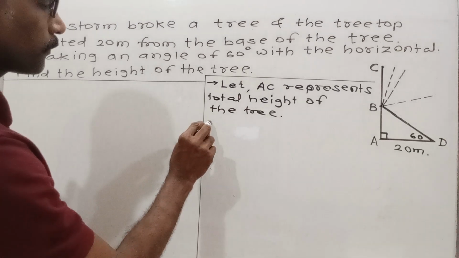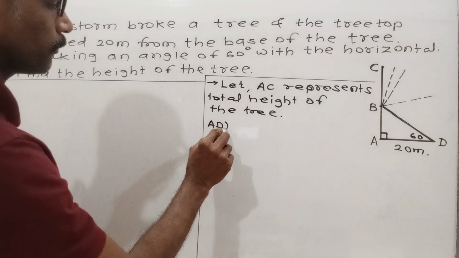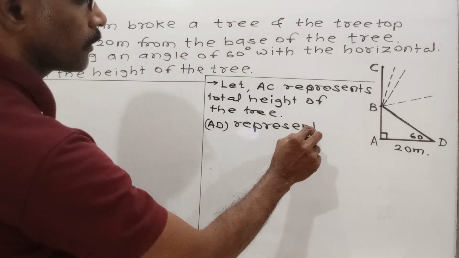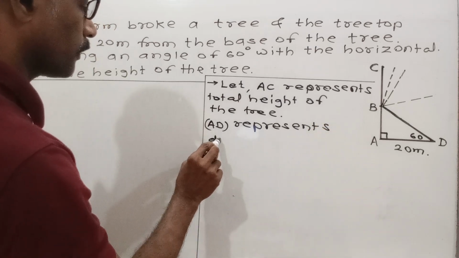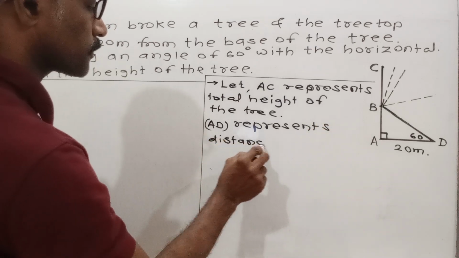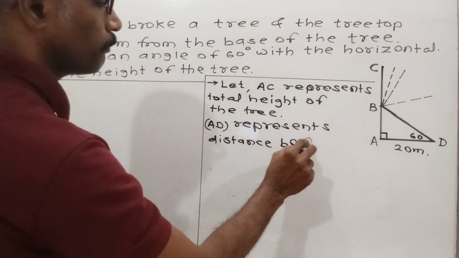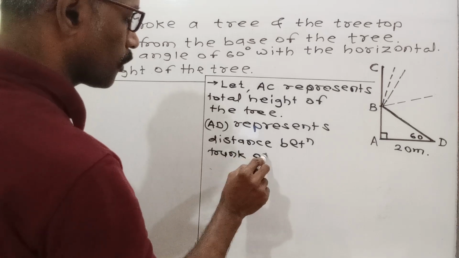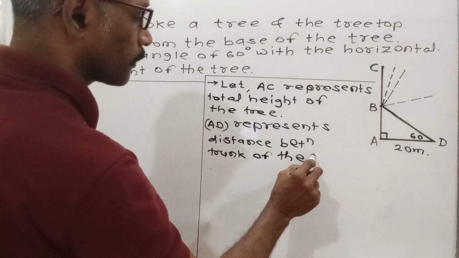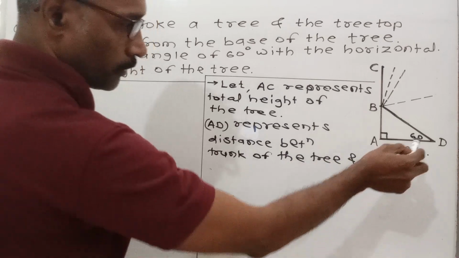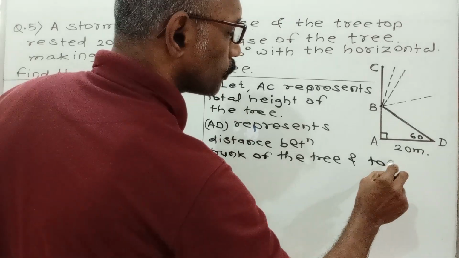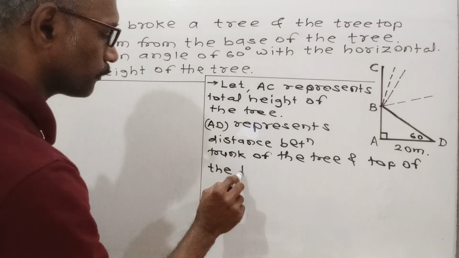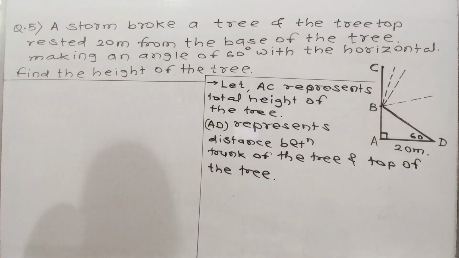Now, so we write here AD represents the distance between the trunk of the tree and the top of the tree. Did you get it?